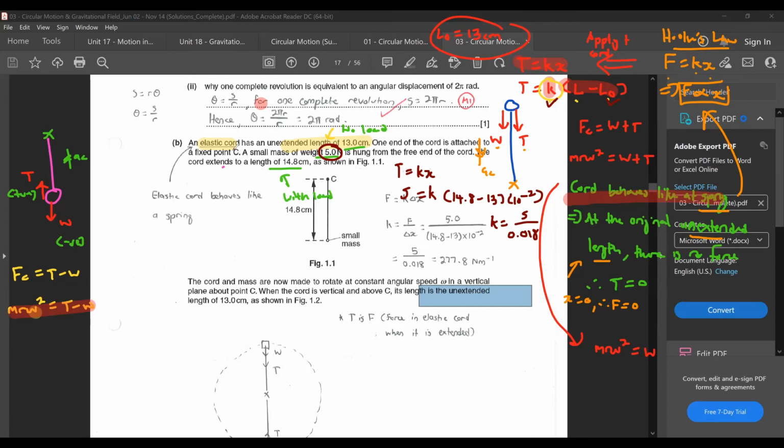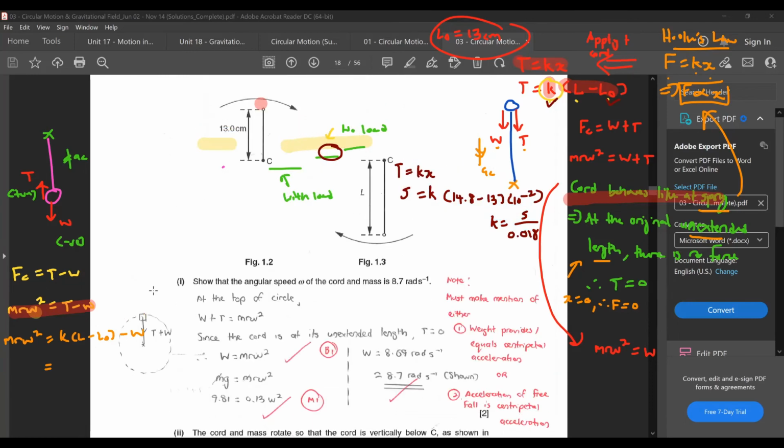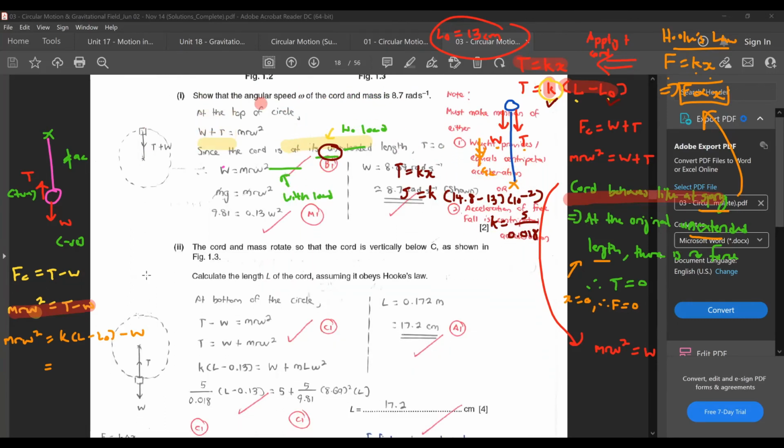Okay, so you try to sub it back into your original equation. You're going to get mR omega squared equals K times L minus L naught, minus W. Then K in turn is your whatever values you have there. All right. So let me just show you the full working. In your case, you just substitute everything that you know.